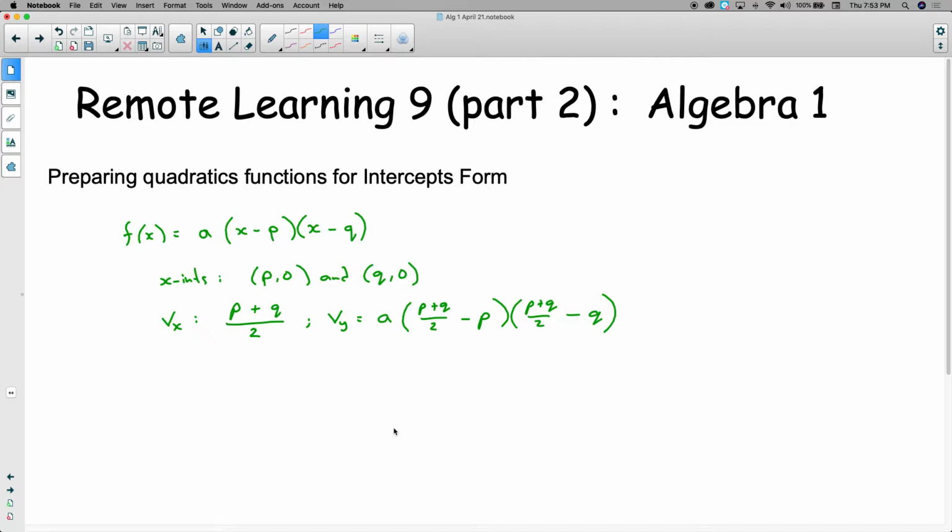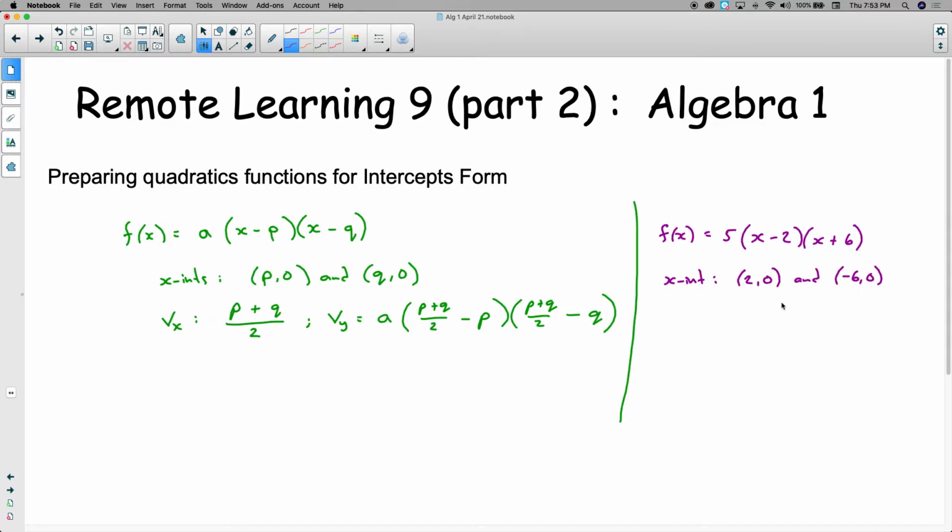Okay, so just a quick little example over here then of finding the x-intercepts and vertex of a particular one. And again, this is just a repeat of what happened in part 1. Okay, so I'll make quick work of this. The x-intercepts are going to be at 2, 0 and negative 6, 0.